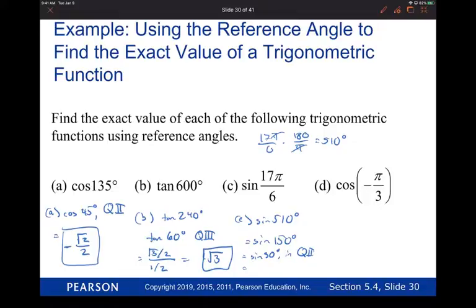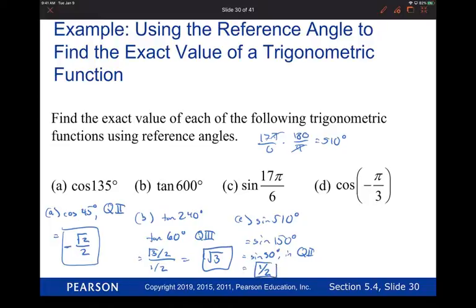I haven't given you the shortcut just yet. And then sine, is that our x or our y? Our y. Is y positive or negative in quadrant 2? Positive is correct. So this one should be a positive 1/2.